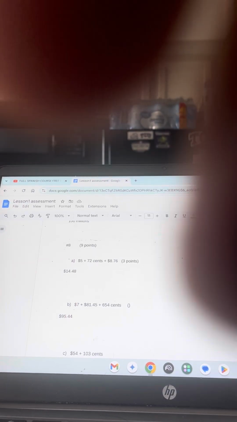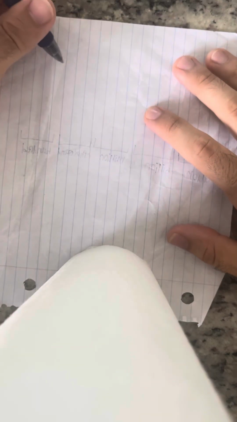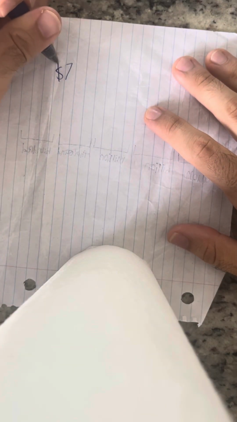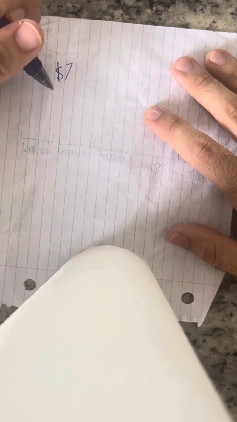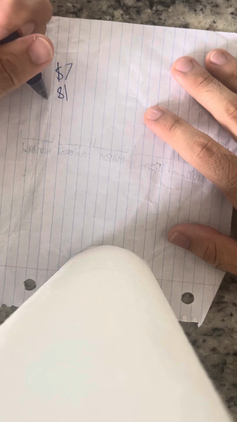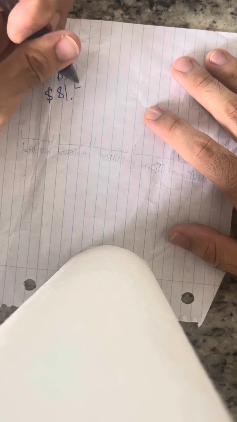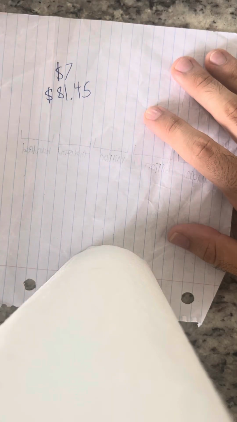Okay, so I'm going to have to move my camera a bit. Okay, so we have $7 plus $81.45 plus 654 cents.